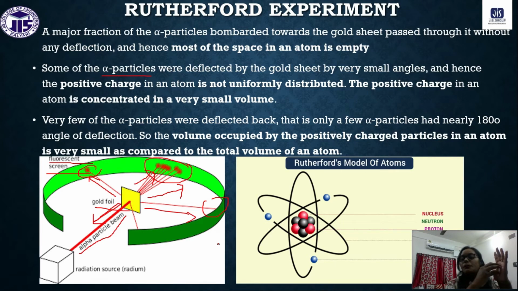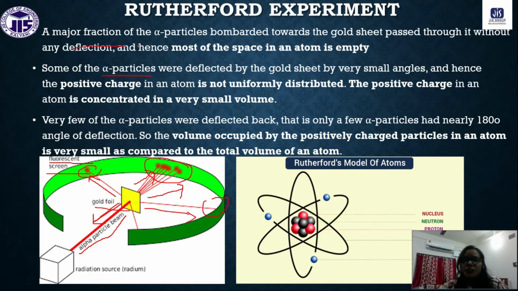That is called the nucleus, and electrons are revolving around the nucleus. Understand? So these are some of the statements that we can get from the Rutherford experiment.